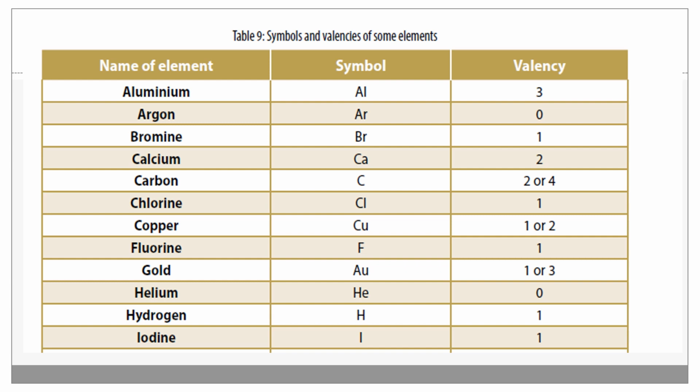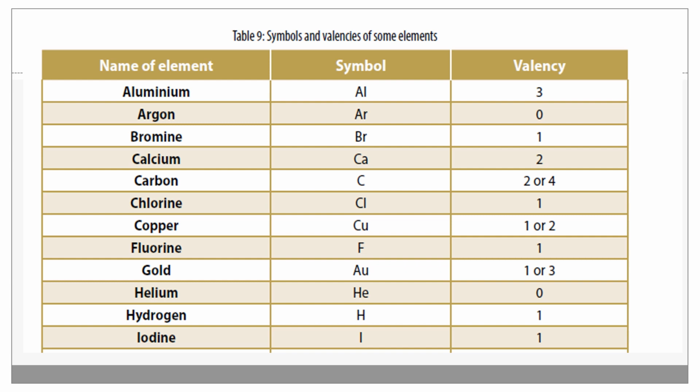Table 9 shows the symbols and valencies of some elements. For example, aluminium has a valency of 3. Calcium has a valency of 2. You may also note that some elements like carbon has a valency of 2 or 4.